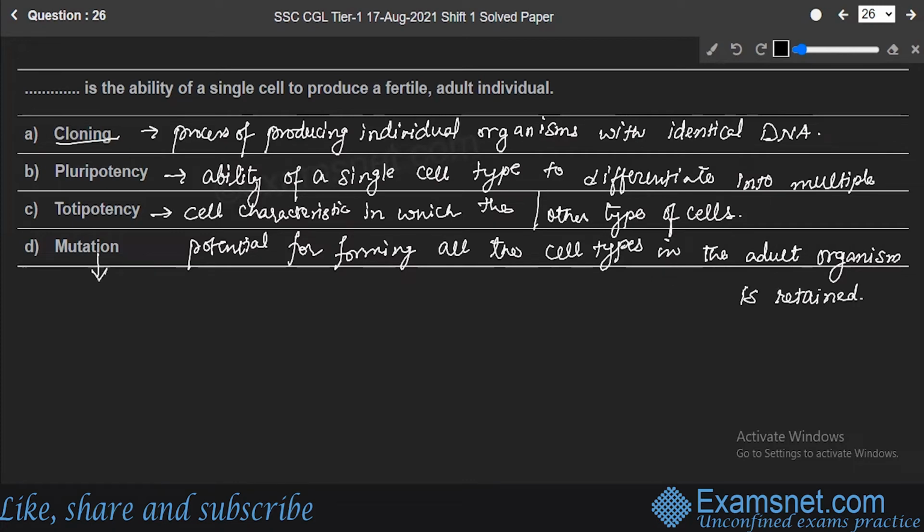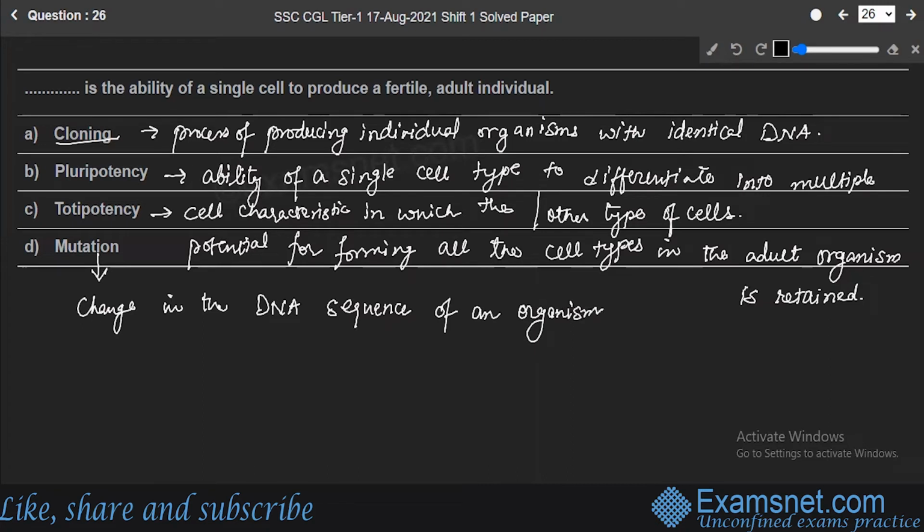And the last one is mutation. Mutation simply means it's an alteration in the nucleic acid sequence of the organism, virus, or something. Like in the simple words, you can say it's a change in the DNA sequence of an organism.